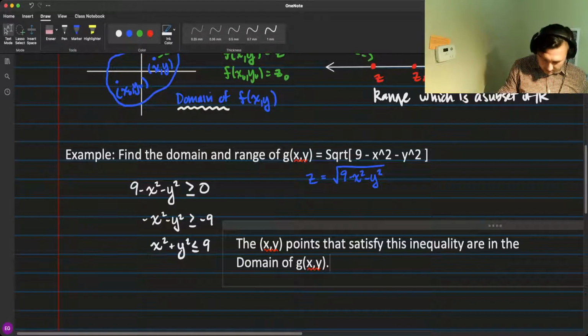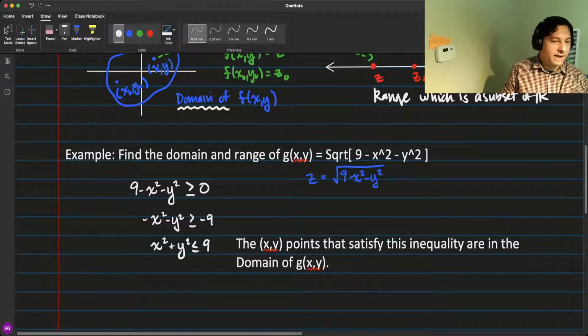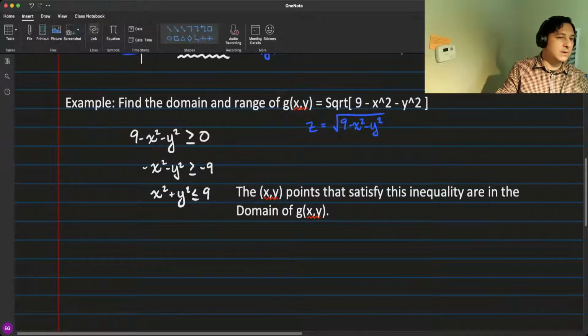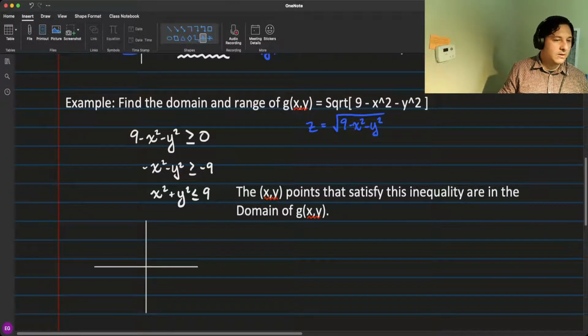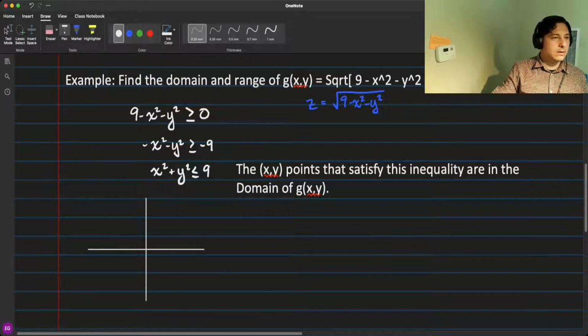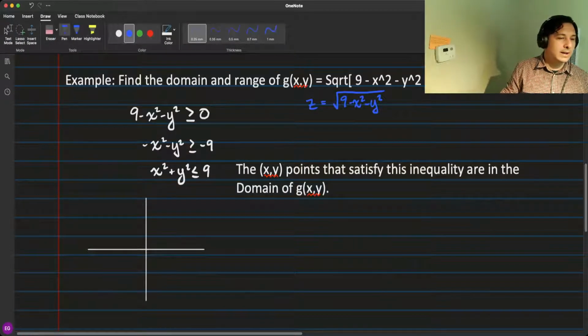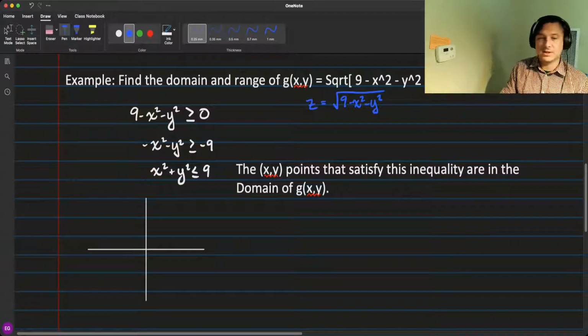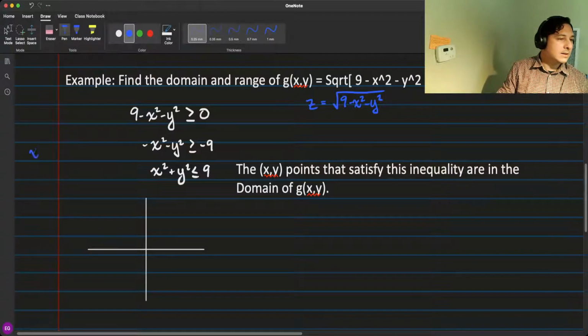Now, what does the graph of this inequality look like? x squared plus y squared less than or equal to 9. If we were to graph that on the xy plane, what is that? Yeah, a circle of what? 3, right? Because x squared plus y squared equals r squared.